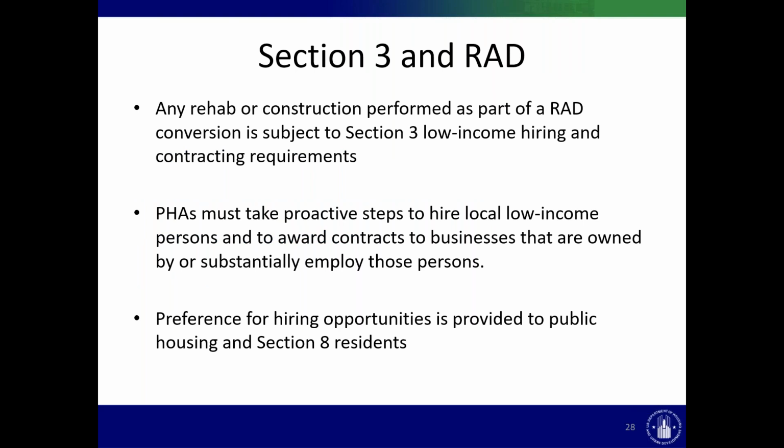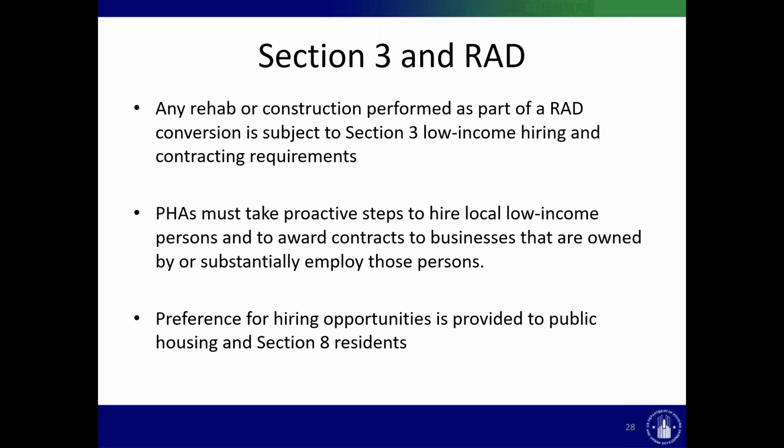Section 3 in RAD. The Section 3 program requires that recipients of certain HUD financial assistance provide training, employment, contracting, and other economic opportunities to low and very low-income people, especially recipients of government assistance for housing, and to businesses that provide economic opportunities for low and very low-income persons.